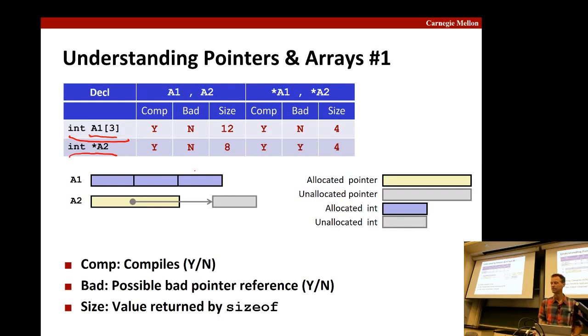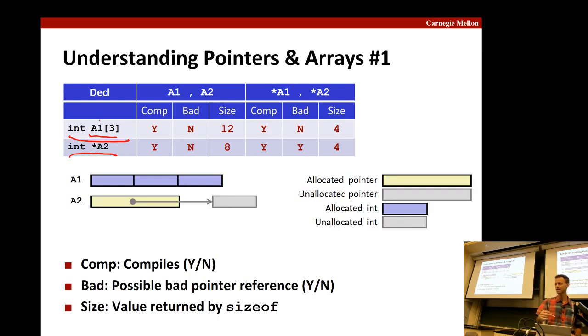Why is A1 12, unless A1 is not a pointer? If you do the sizeof A1, A1 is an array of 3 integers. Is it a pointer to an array, or is it itself the array? In some sense it's kind of both.